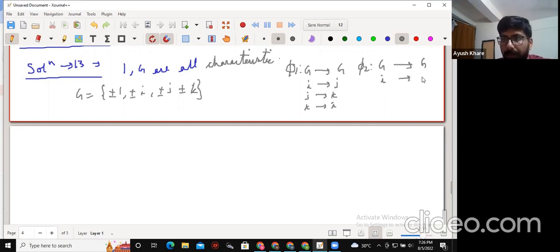I can be mapped to K, J can be mapped to I, and K is mapped to J. So these two are automorphisms. You can verify them, they are automorphisms.